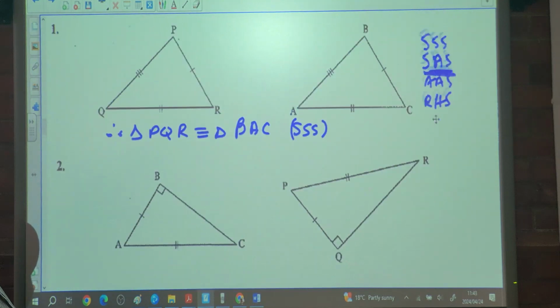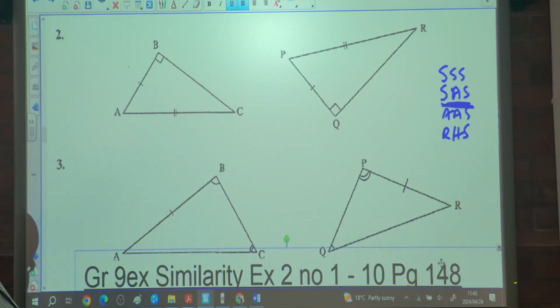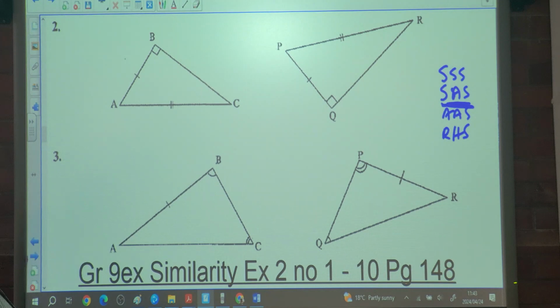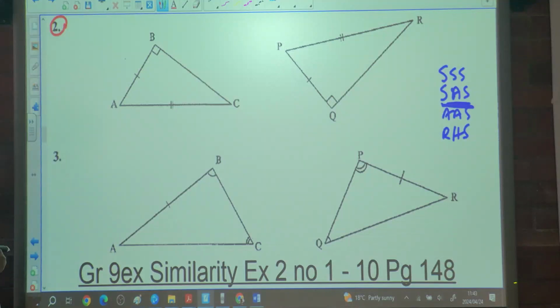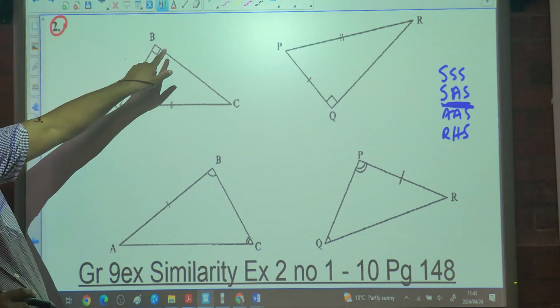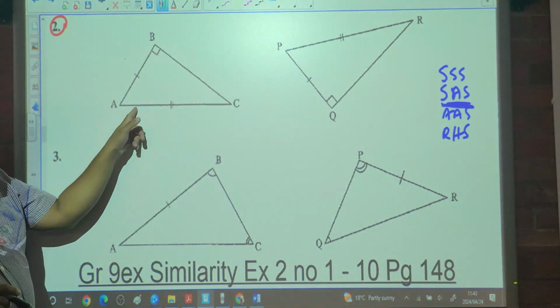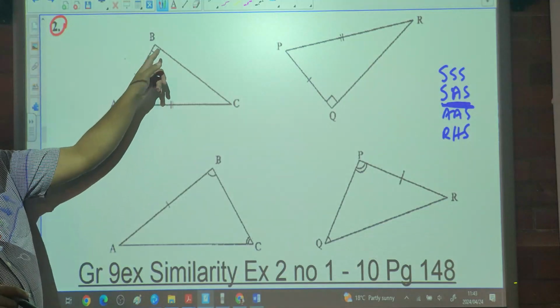Let's pull this down here. Right, for number 2, what do we notice? Both are 90. Did we use the hypotenuse? The hypotenuse is always opposite the 90. Have you used the hypotenuse?